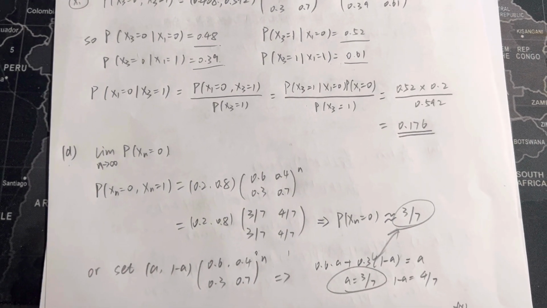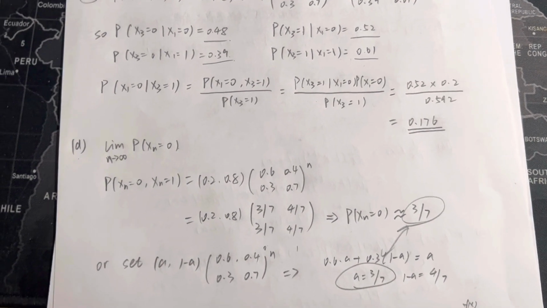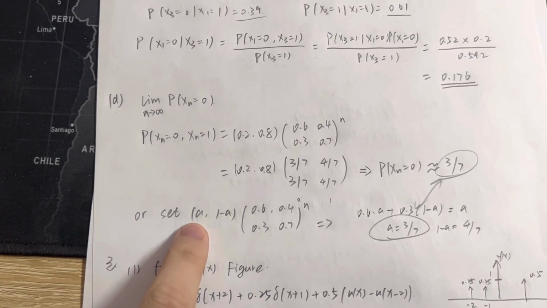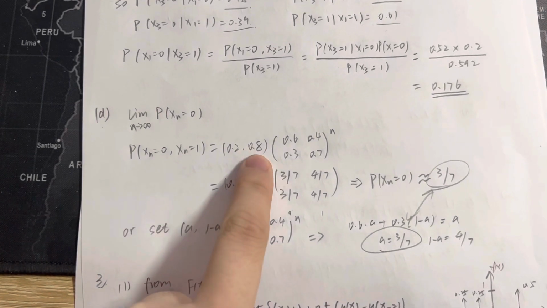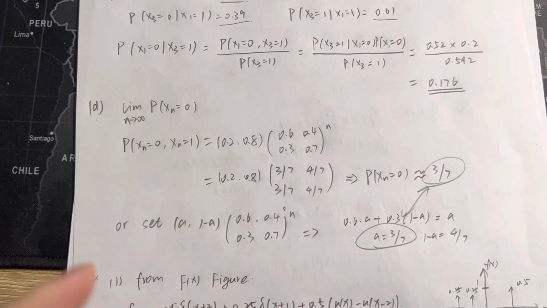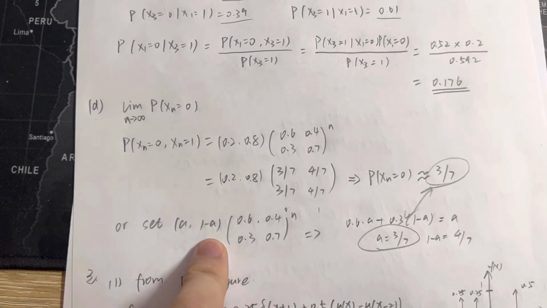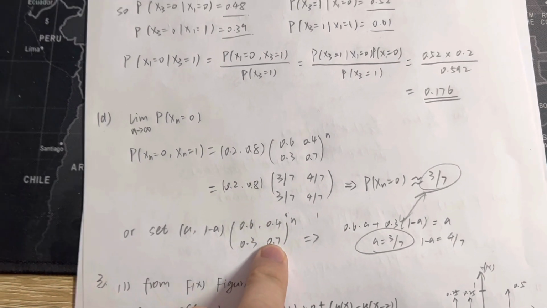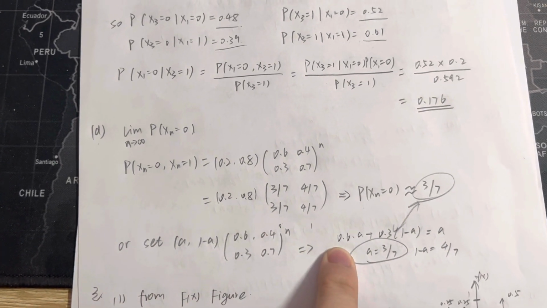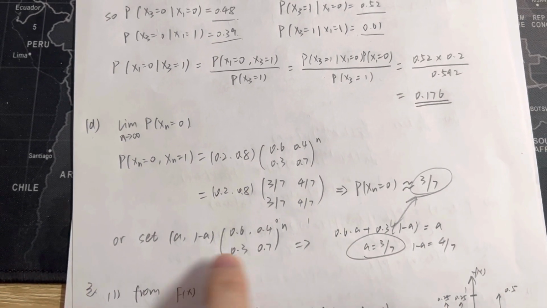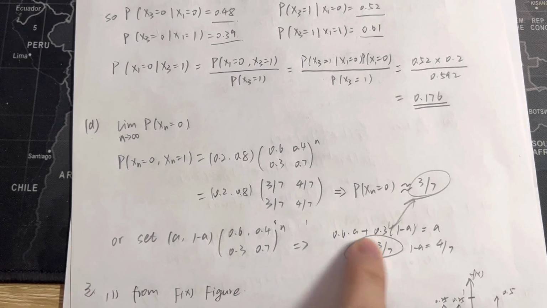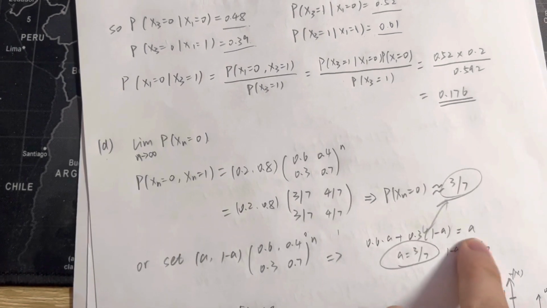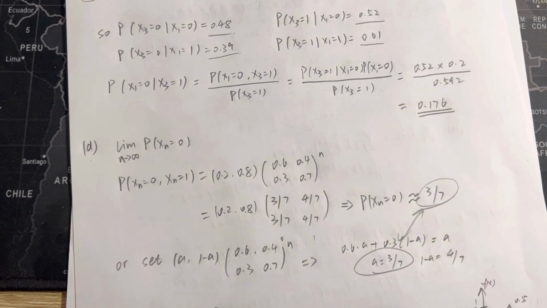Or we can use a different approach. Because we don't know whether it's 0.2 or 0.8, it is probably some random number a, with 1 minus a, times the four different probabilities to the power n. We can get that 0.6 times a plus 0.3 times (1 minus a) equals a, since it has to be the initial a.